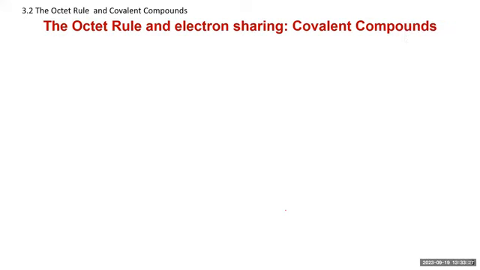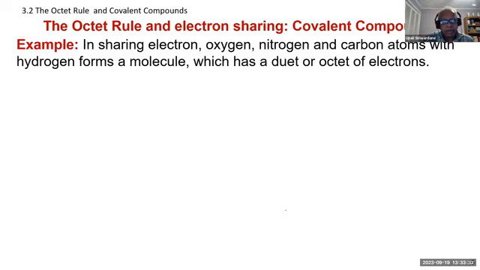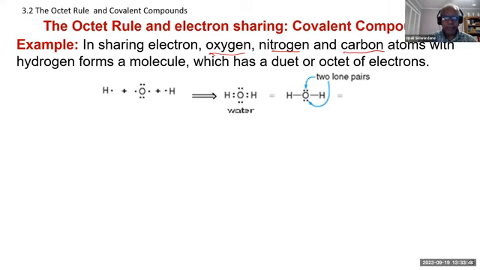Okay. Octet rule and electron sharing, covalent compounds. In sharing electrons, oxygen and nitrogen and carbon, all of which are nonmetals, form molecules.